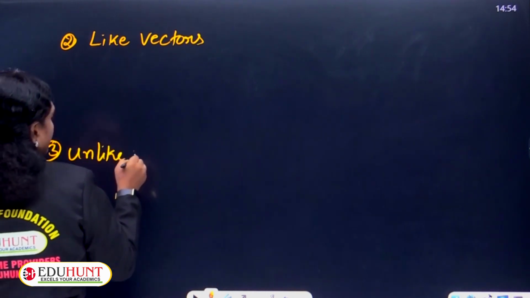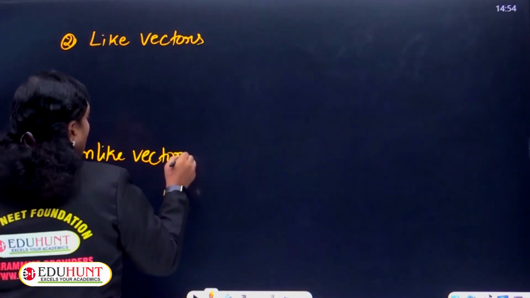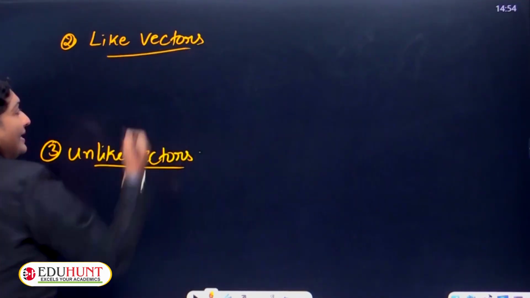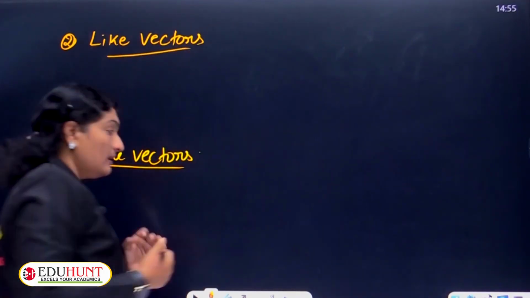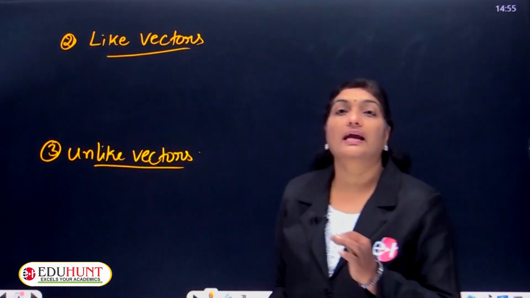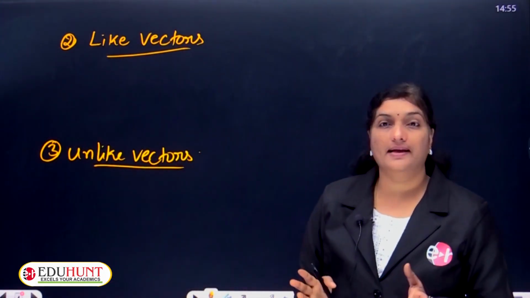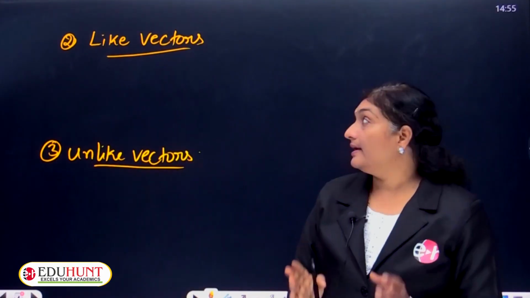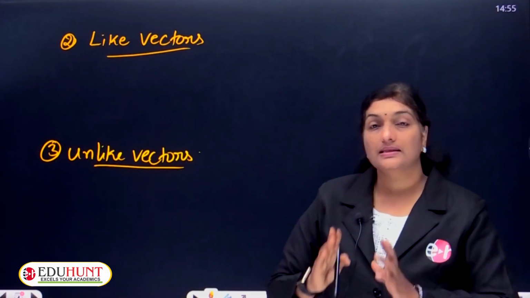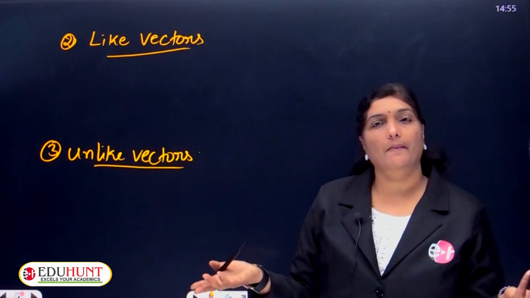What makes the difference between the two? Two vectors are said to be like vectors if they represent the same direction, whatever be the magnitude.